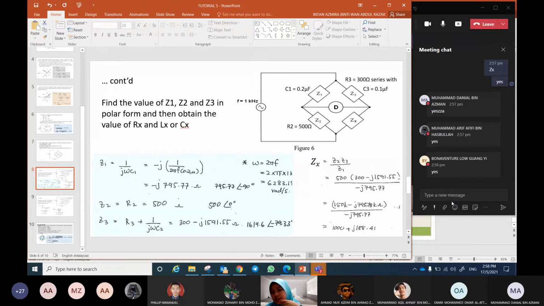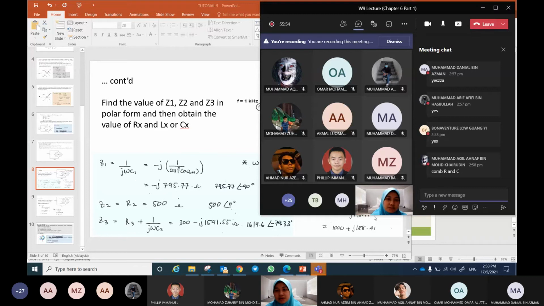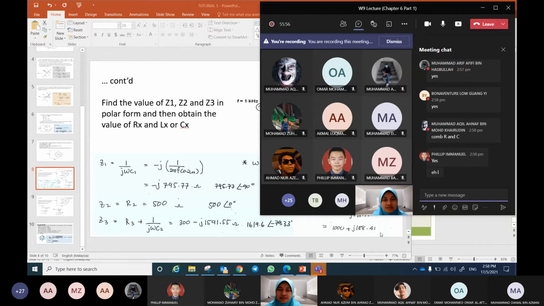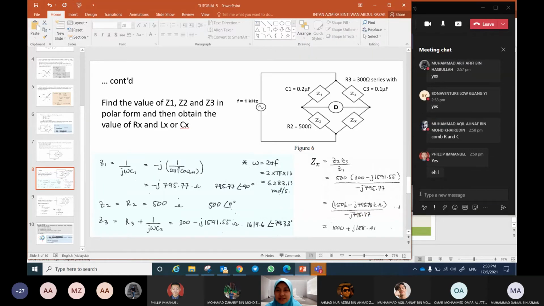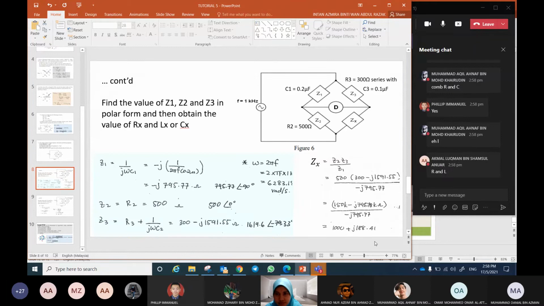Philly got the answer. Akil Ahnaf said R and C, Akmal said R and L. Okay, let's vote for R and C or R and L. How about others? R and L. Okay, so this is R and L.